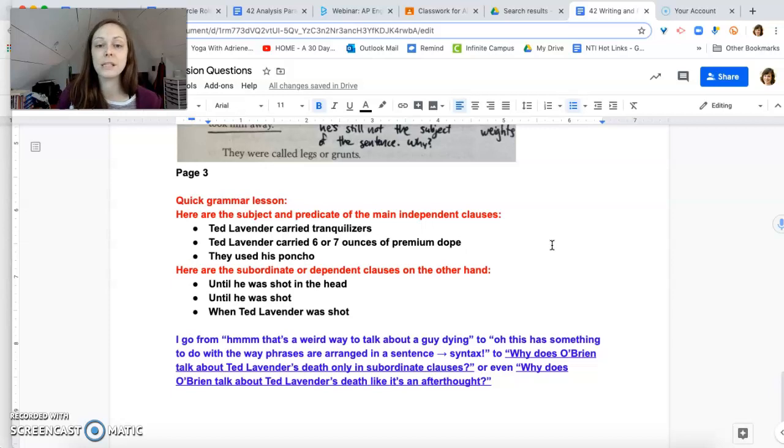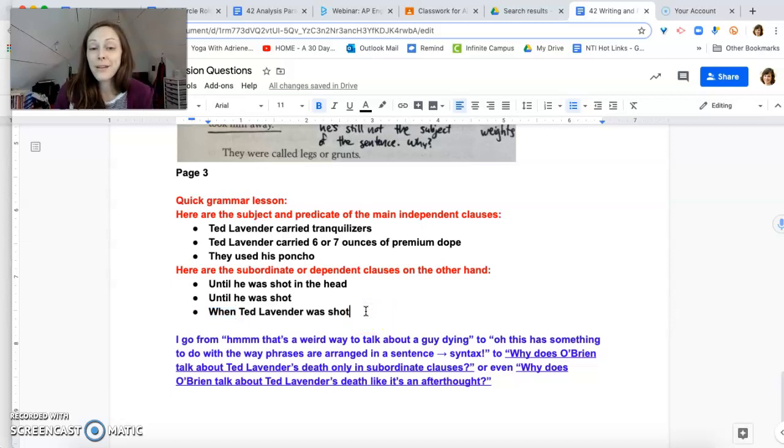Those are the independent clauses. The only places that talk about him actually dying are the subordinate clauses, and they're subordinate because of the words until and when, which are subordinating conjunctions, or swabbies.